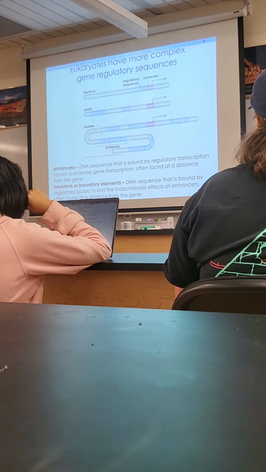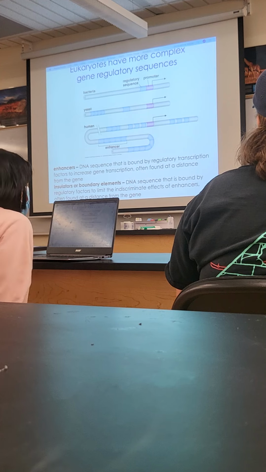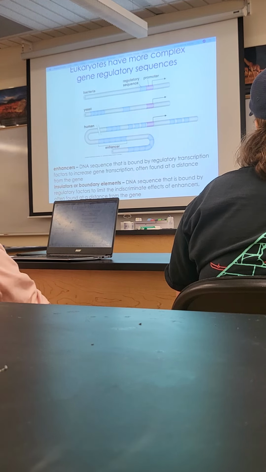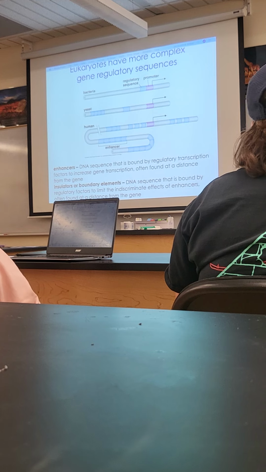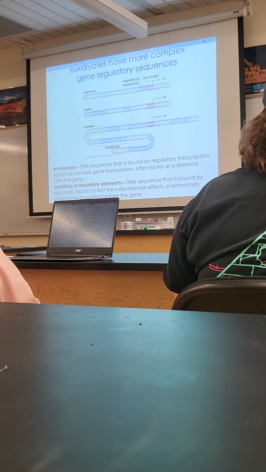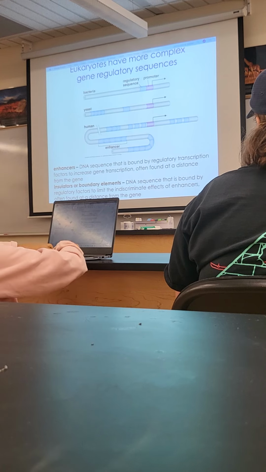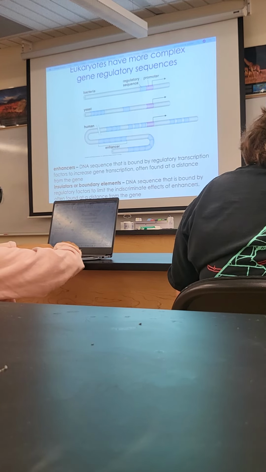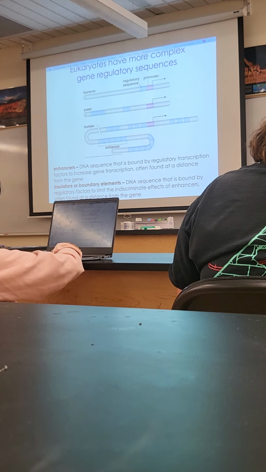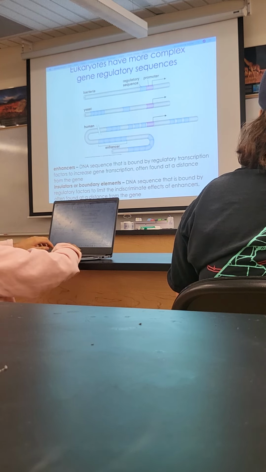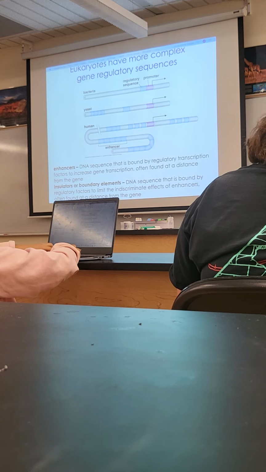If you had an enhancer that was right here, you need a way to make sure that this is only acting on this gene and it's not affecting the expression of this gene. That's what these insulators do. They set up a boundary so that this enhancer cannot act on this gene. So the insulator sequence would be somewhere in here to prevent this enhancer from working on the wrong gene.